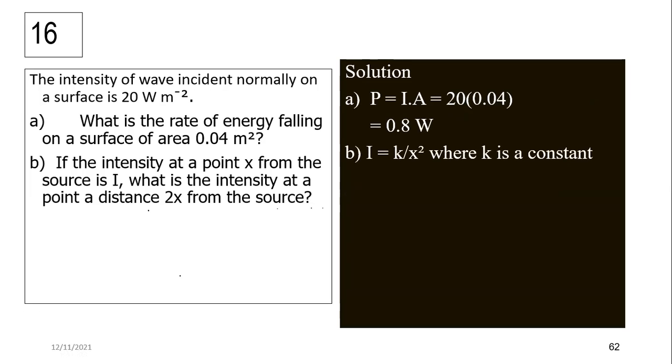Okay, go to the formula. Right? K is a constant, x squared. New intensity, K divided by 2x the whole thing square. So K over x squared is I, and this is 2 square. 2 square is 4. So it's a quarter intensity.